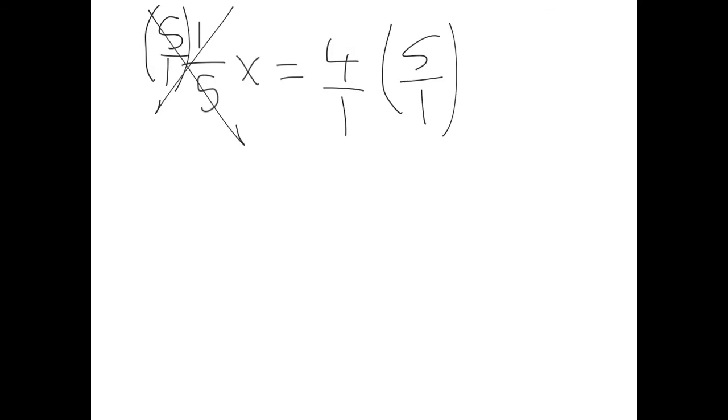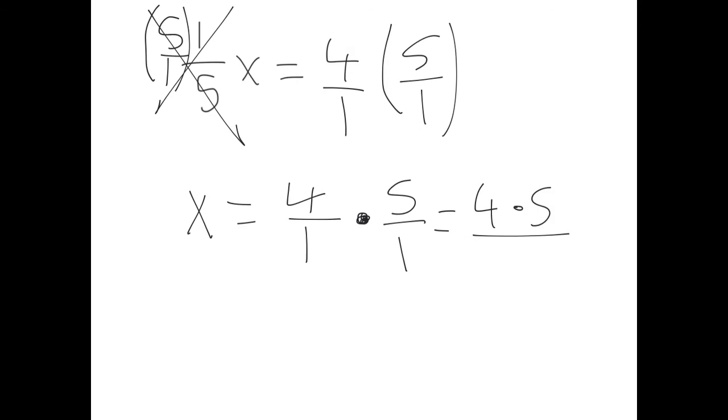Now we're going to multiply. So x equals 4/1 times 5/1, which equals 4 times 5 and 1 times 1. 4 times 5 is 20, and 1 times 1 is 1. And the answer is 20.